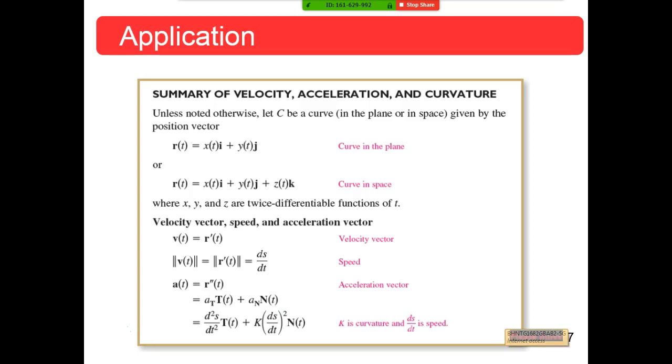But to get that in more useful terms, that's d²s/dt² times your unit tangent vector. That's the first derivative of your speed, okay? And that's in the tangential direction. And then your curvature times (ds/dt) squared times your unit normal vector.